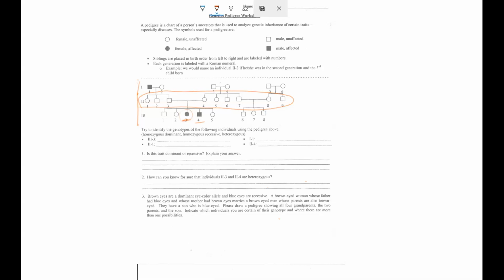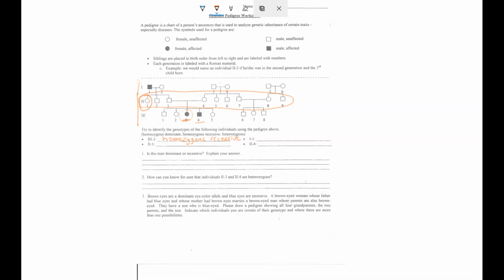It's shaded, so the female is affected, and we know that we're skipping a generation, so it is homozygous recessive.